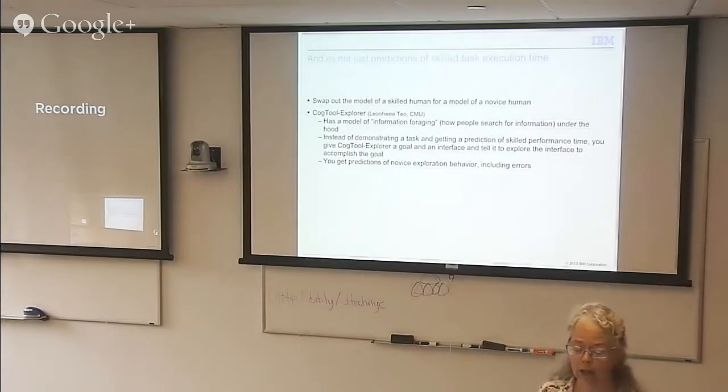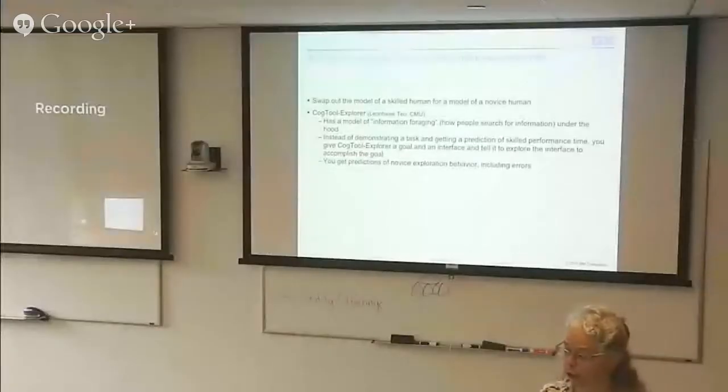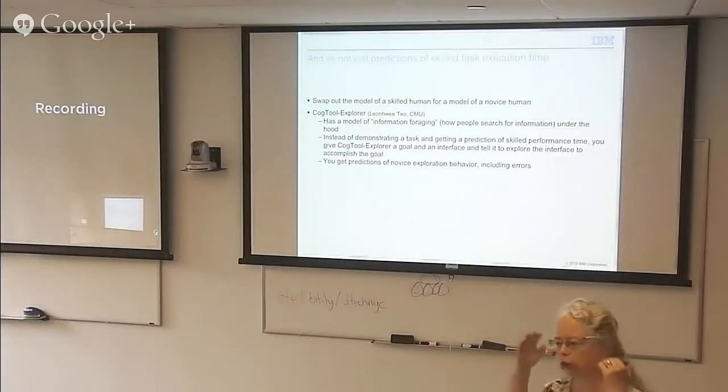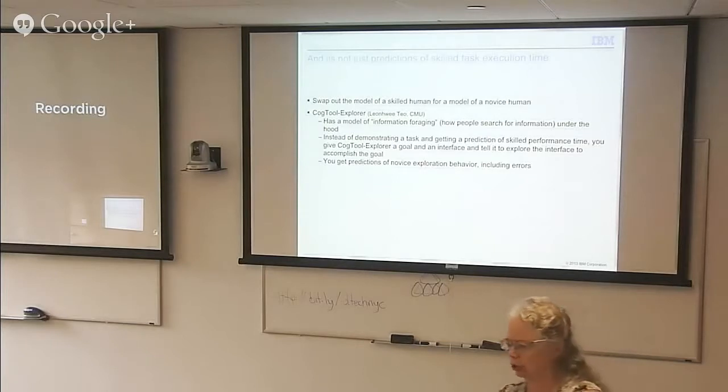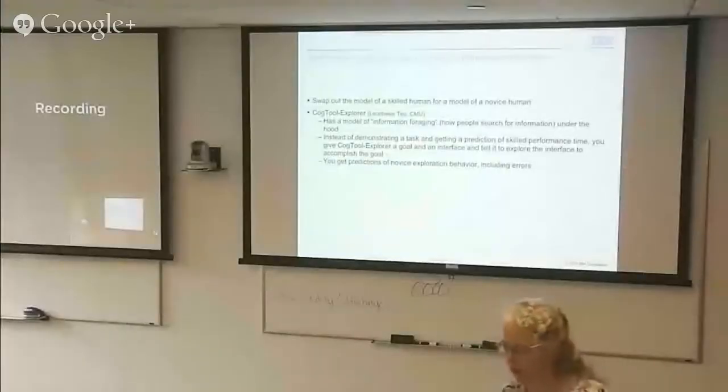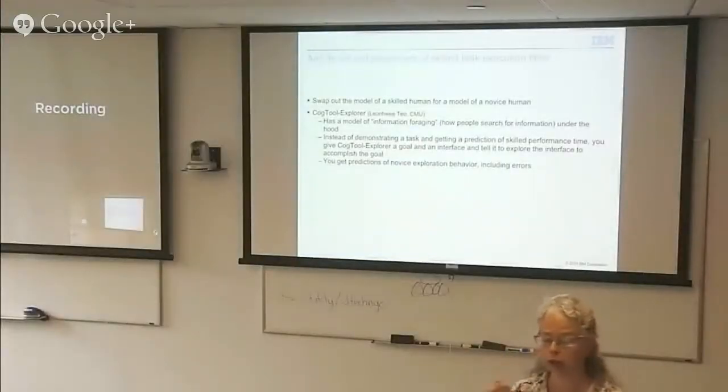It has a model of what's called information foraging, which is a psychological model expressed in a computational cognitive architecture called ACT-R of how people search for information. So we took out the skilled model and stuck in information foraging under the hood. Now you give it the same storyboard, but instead of telling it how to do the task, you just give it a goal.